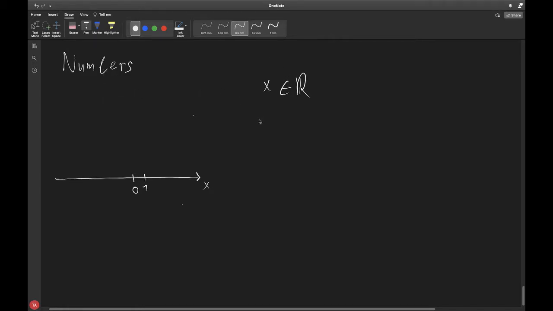Let's just say that we introduce a new unit, which we call i. So i is going to be defined as the square root of -1, and that essentially means that in this already existing number line, we have a new axis.